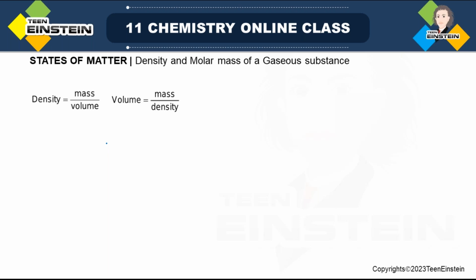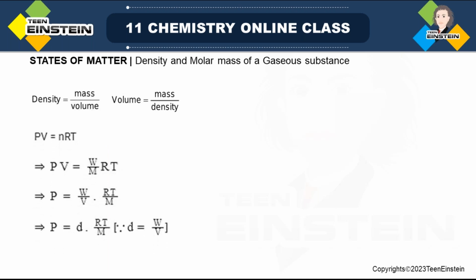Now, from the ideal gas equation, PV equal to nRT, what can we write? Keeping all the other factors the same, suppose I write the number of moles, n, in terms of given mass divided by molar mass.